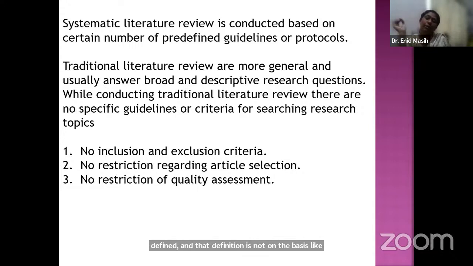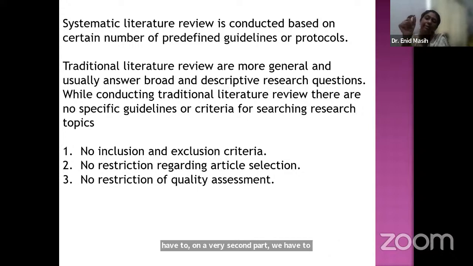Before getting into the results and findings of a systematic literature review, in the second part, we have to define the protocols.